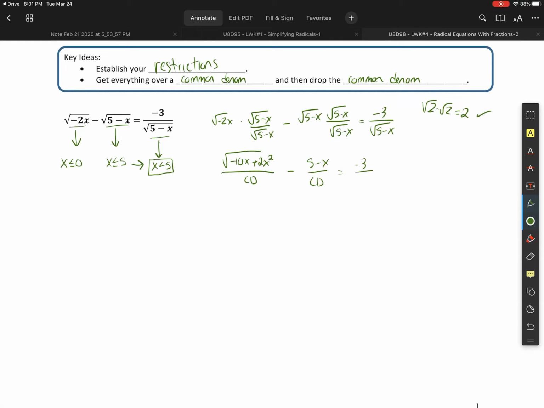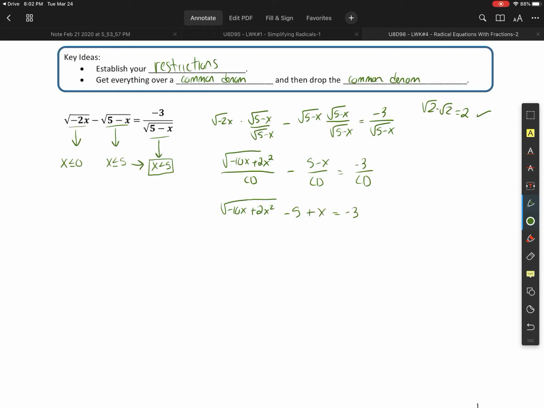And nothing happens with our right side. So the rule up top, as we just talked about, and applies to what we did in past units, is once everything has our common denominator, we just drop it. So we have rad -10x plus 2x squared, distribute the negative, -5 plus x equals -3.